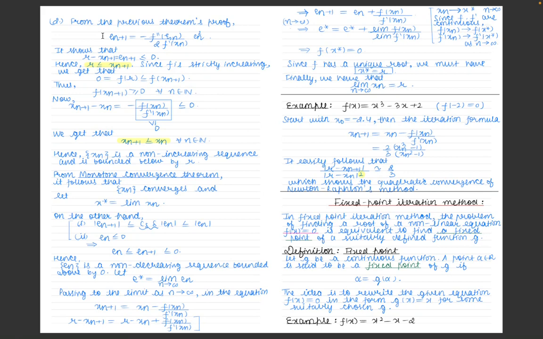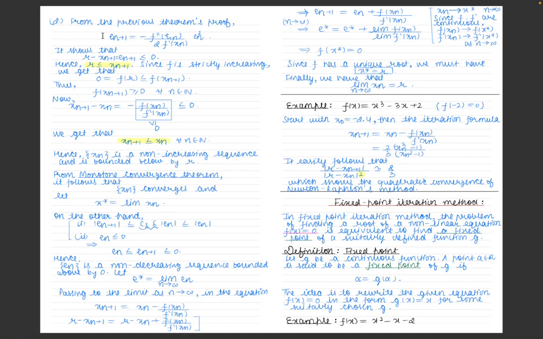Now, as n goes to infinity in this equation, this is E star plus limit f of xn by limit f prime xn. Because xn is a convergent sequence and f is a continuous function as well as f prime.